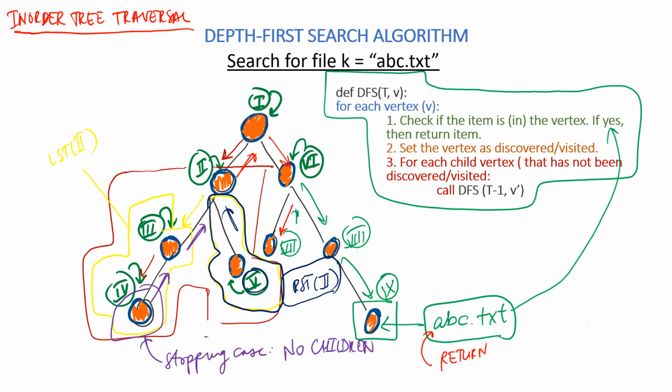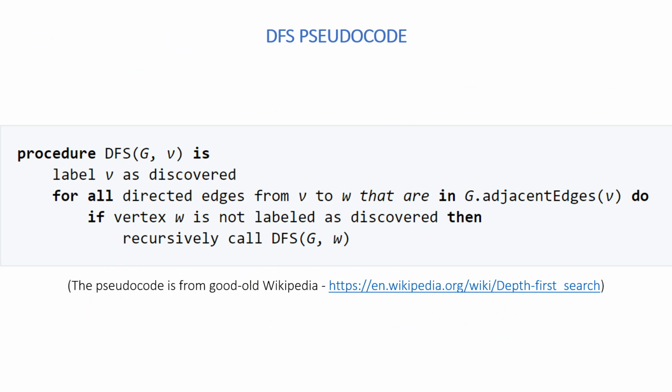And what I mean by in-order tree traversal is that you check the root first, you check the left child after the root, and then you finally check the right child. So that's the order for in-order traversal. And this is sort of depth.